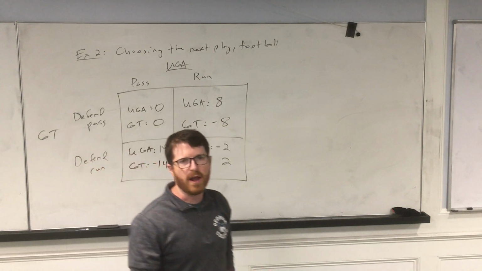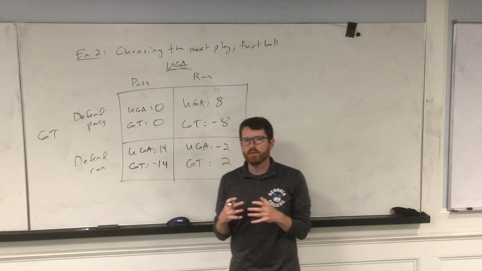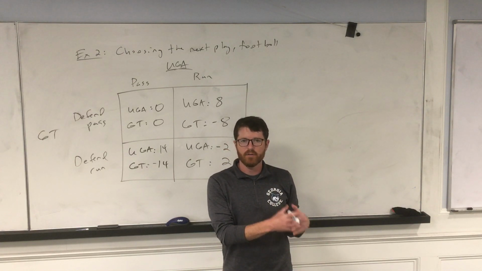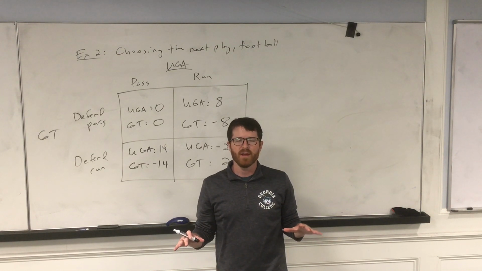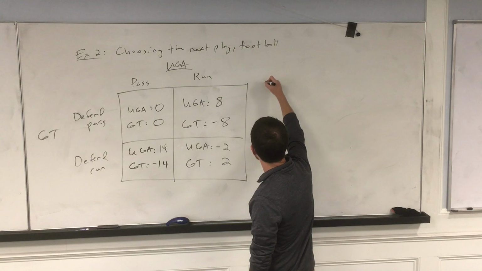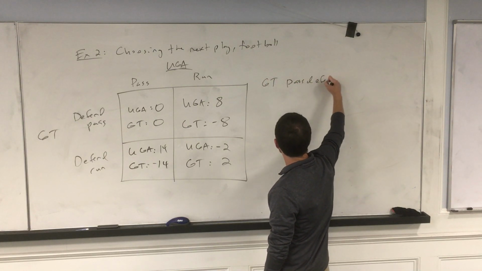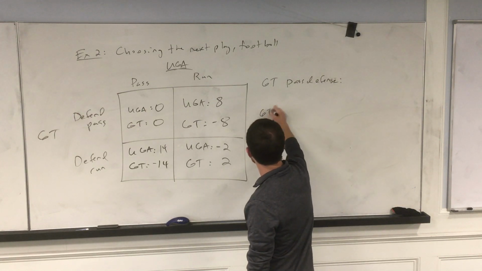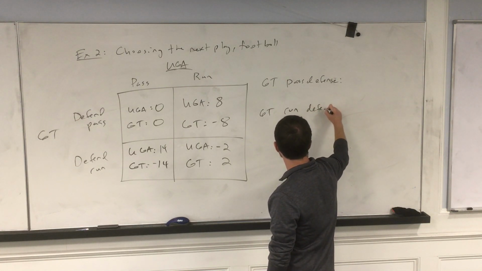So let's think about strategies here. Remember, a dominant strategy occurs when you make a choice regardless of what the other team decides to do. So you know what you're going to do regardless of what the other team's going to do. Let's see if that occurs. So let's think about it here. From Georgia's perspective, Georgia Tech can do a pass defense, or Georgia Tech could do a run defense.